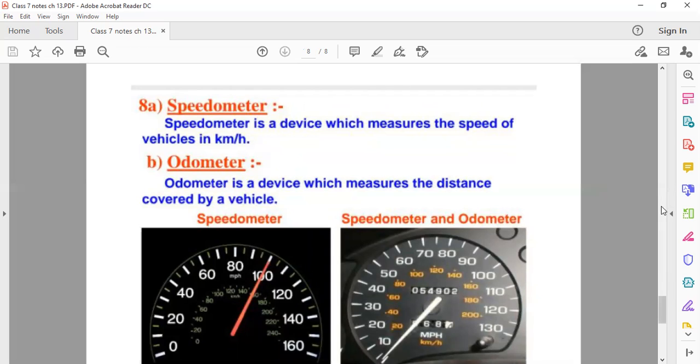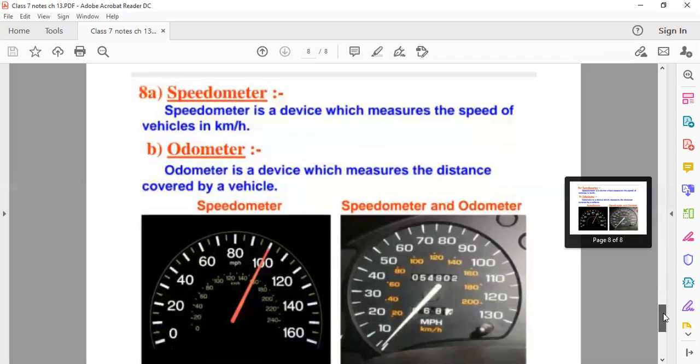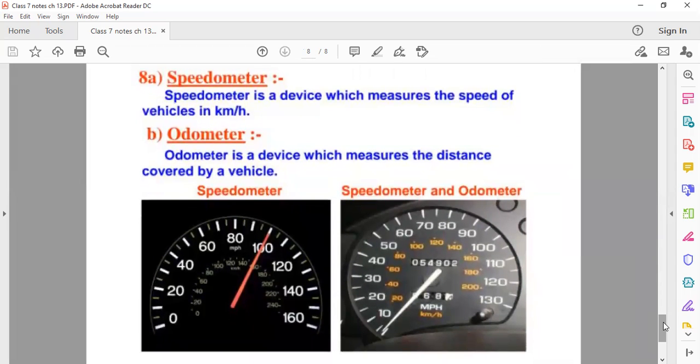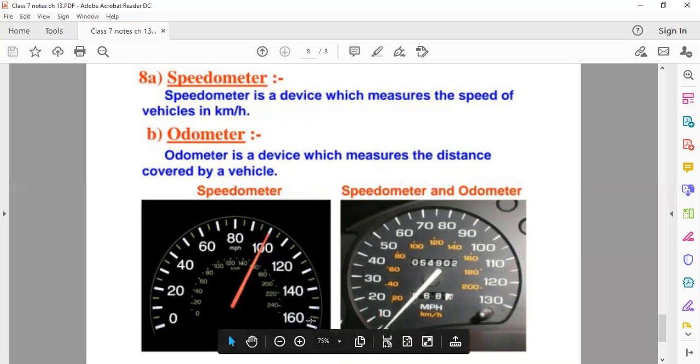Next, one very important thing: how we measure the speed in vehicles. You must have seen that when you are driving a vehicle, the speedometer is a device which measures the speed of the vehicle, in kilometer per hour. So you can see at what speed your vehicle is moving.